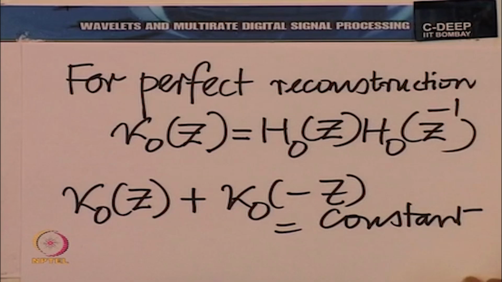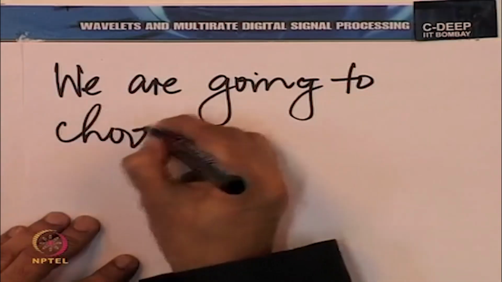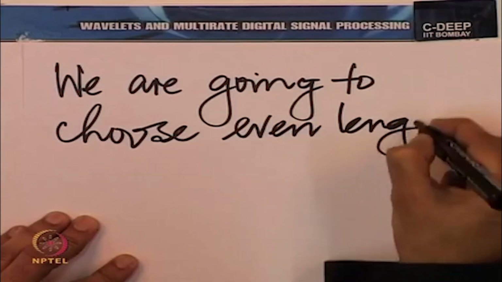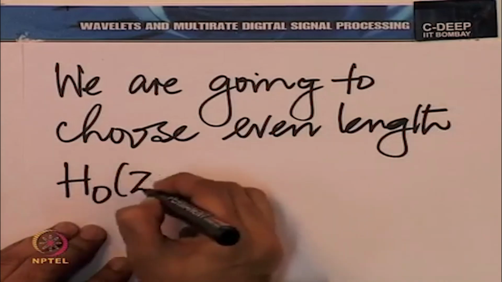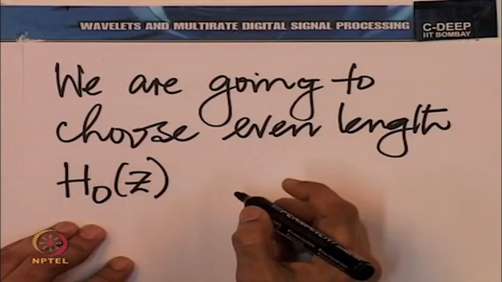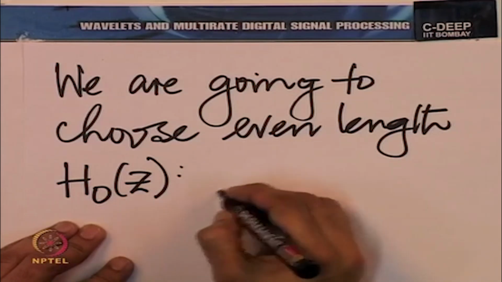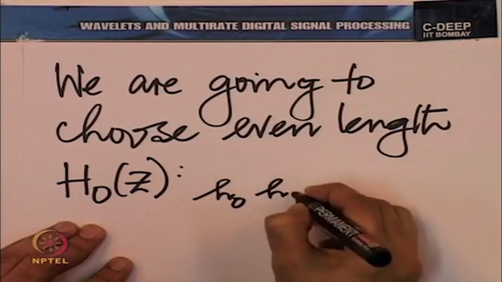We have agreed that we are going to choose even length H0(z), something like an impulse response of the following form: H0, H1 and so on.